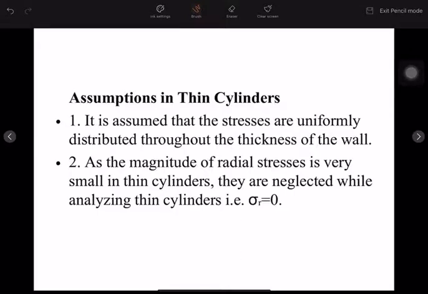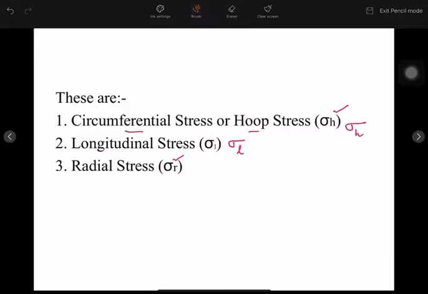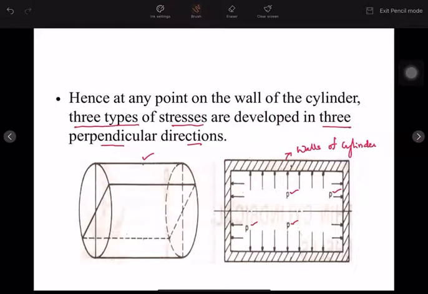It is assumed that the stresses are uniformly distributed throughout the thickness of the wall. This is an important part, as we can see in this particular image.